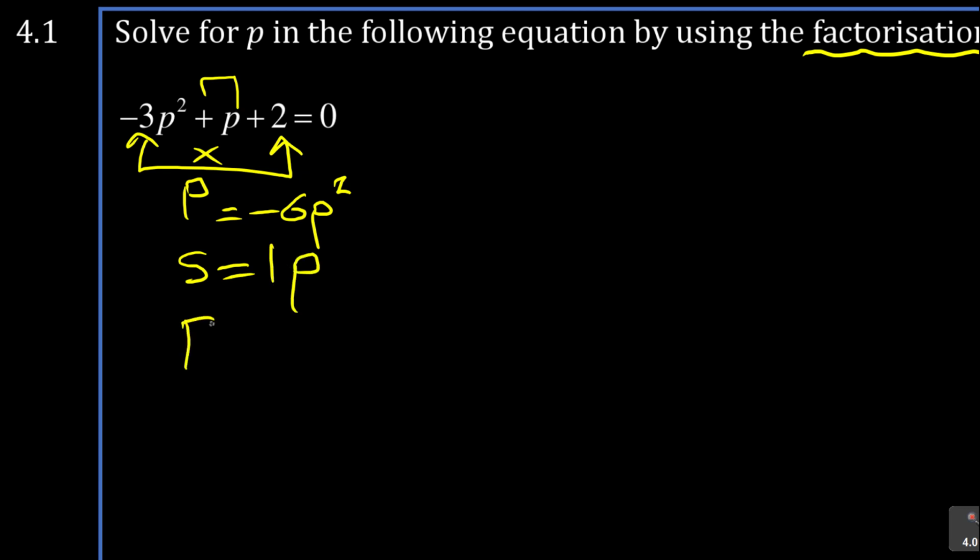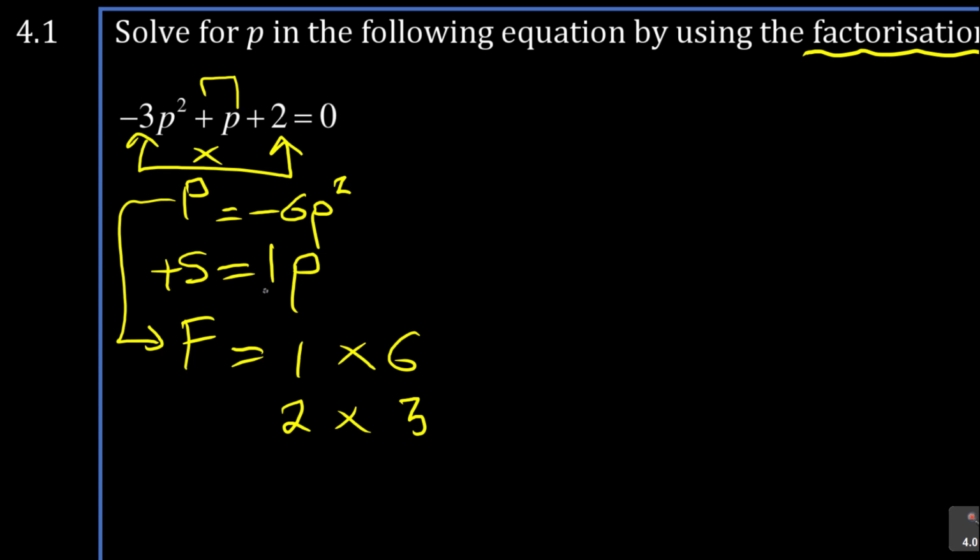What are the factors of my product? These are the factors of 6, which is 1 times 6, 2 times 3. There are no other numbers that I can multiply to give me 6. From there, when I add these numbers, I must get a 1, which is positive. So how can I get a 1?